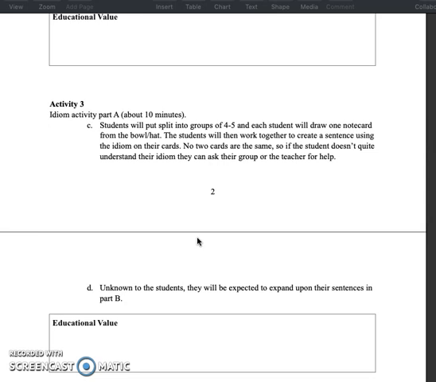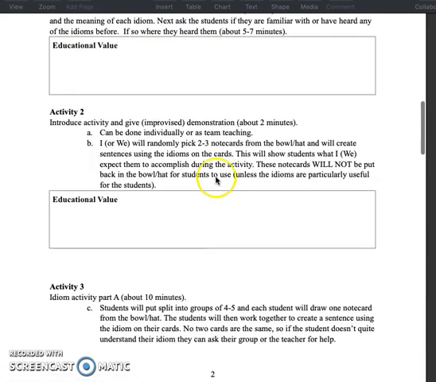So the students are learning the appropriate time to, well, I guess in this activity, they're kind of getting familiar with the use of idioms. But if you go to activity 2, which I've moved to activity 3, this one gives them practice on using the idioms.